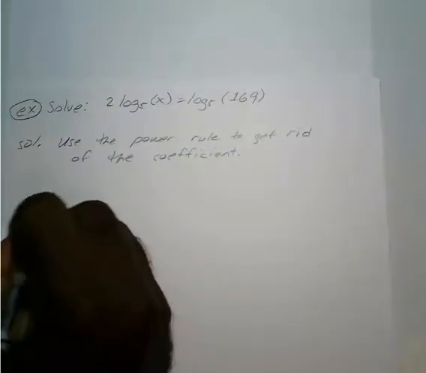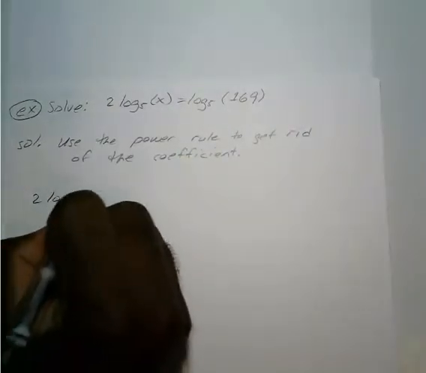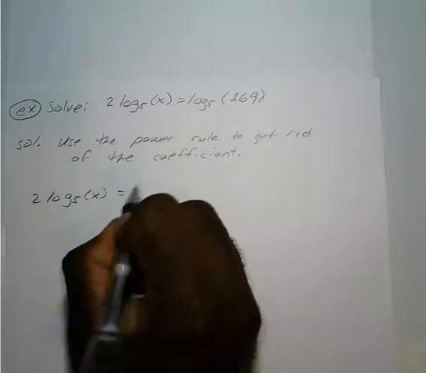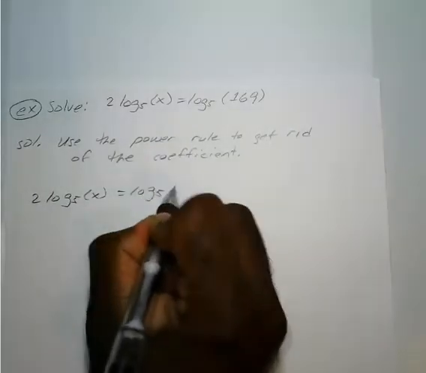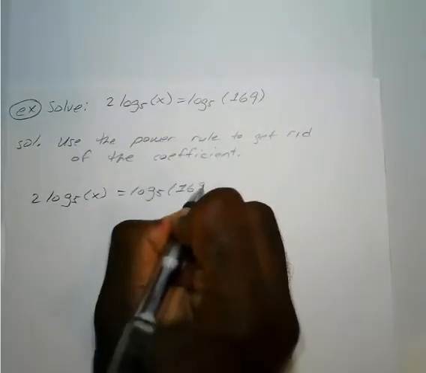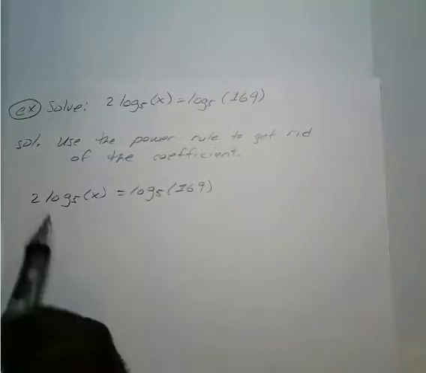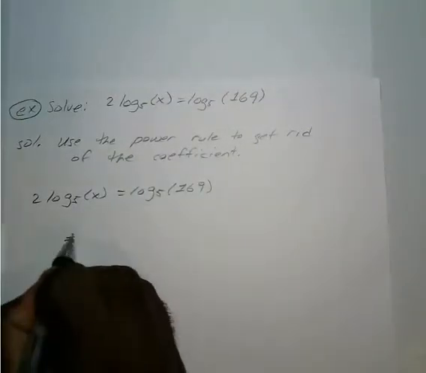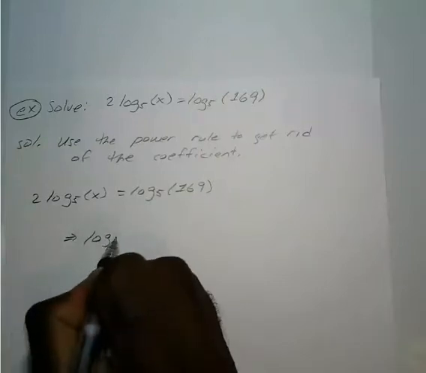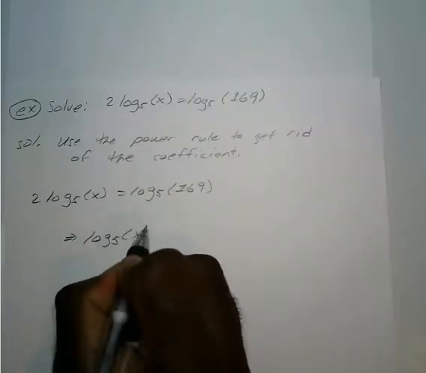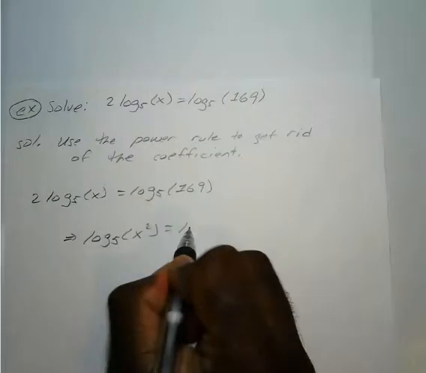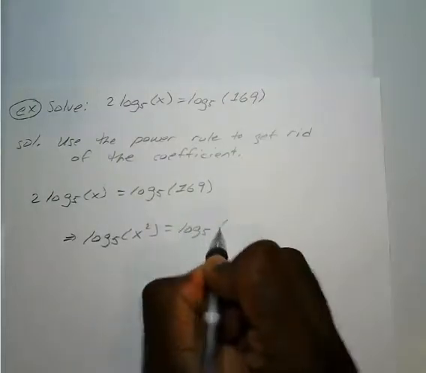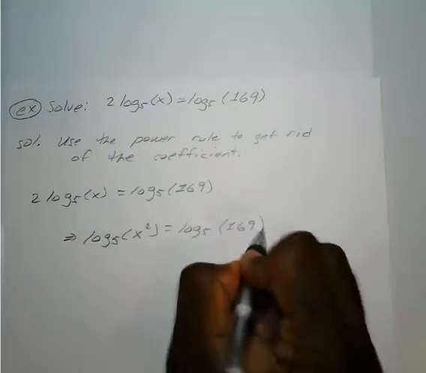We start off with 2 times log base 5 of x equals log base 5 of 169, but using the power rule, that 2 is just going to go up here. So we have log base 5 of x squared equals log base 5 of 169.